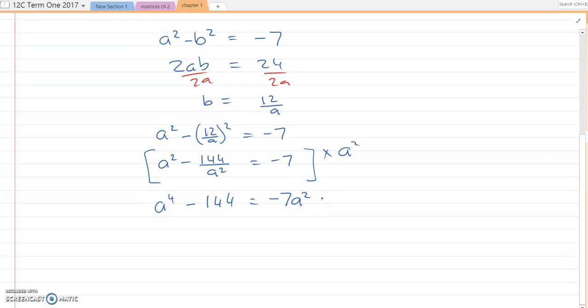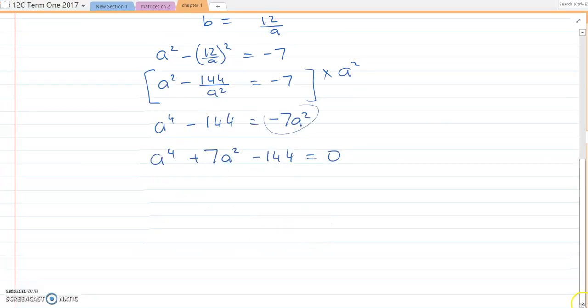Let's move this part to the other side. So it becomes a plus. Still got the minus 144, and left with 0 on the right. So this is a factorizing one, the numbers are kind of big, but just remember that 144 is 16 times 9, which is convenient because the difference between 16 and 9 is 7.